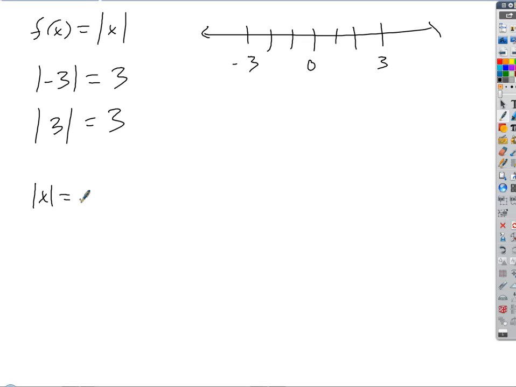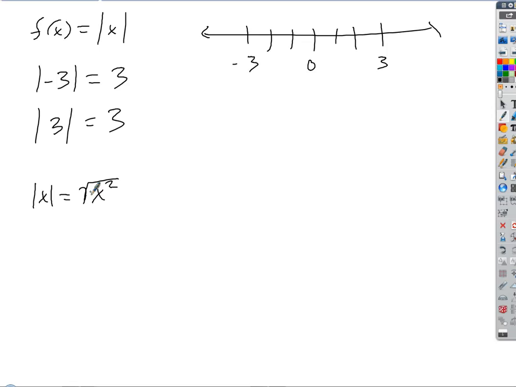Square root of x squared. Right, and we're going to come back and look at this in a little more detail as to why that works the way it does. It's pretty interesting. Whenever I square a real number, I get a positive outcome, and then taking the square root of that is going to give me my positive answer, right? So that's the functional definition of what absolute value is.